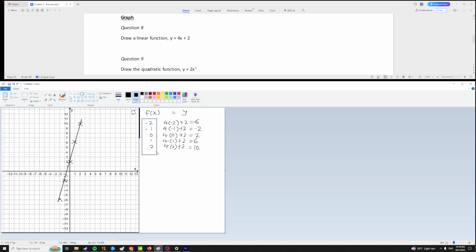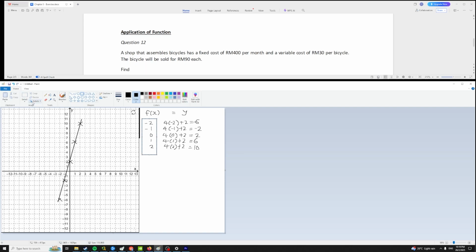You use the same variable to determine the y, and then you plot it based on the coordinates (x, y). So that is how we answer the graph questions.